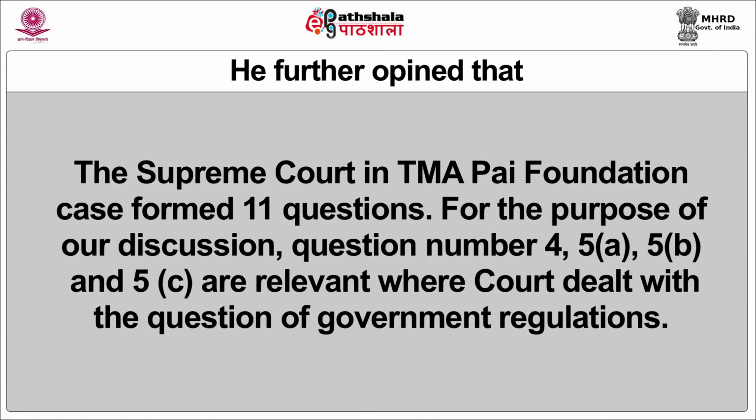The Supreme Court in the TMA Pai Foundation case framed 11 questions. For the purpose of our discussion, questions number 4, 5A, 5B and 5C are relevant, where the court dealt with the question of government regulations.